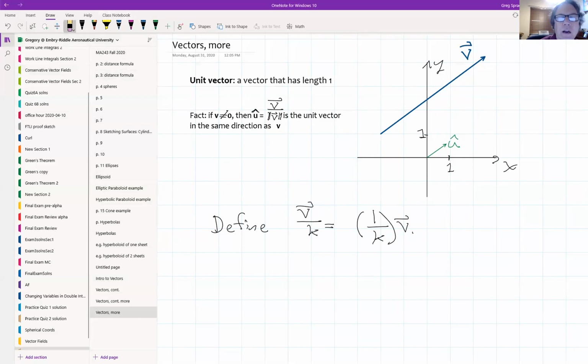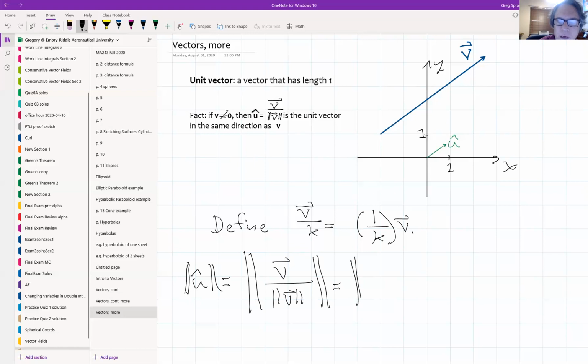Now I'm going to prove that U hat really is a unit vector. Okay, so the length of U hat is the length of V over length V. V over length V is the same thing as 1 over length V times V. So now I have a scalar times a vector.